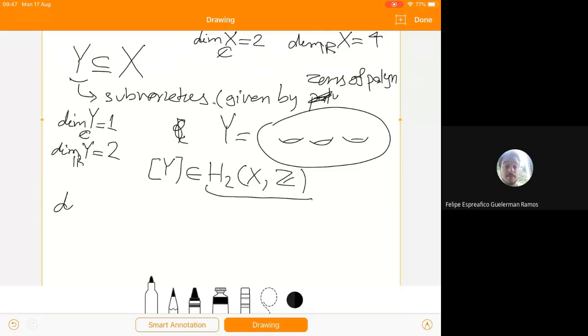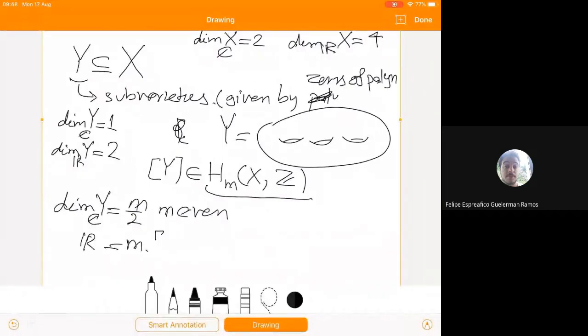So in general, if the dimension of Y is, let's say, n over 2, n even, called m, then this Y will be in Hm, because this is the complex, and the real dimension will be m.